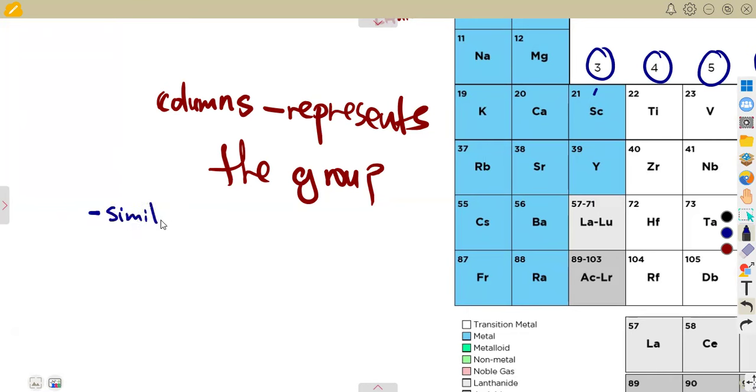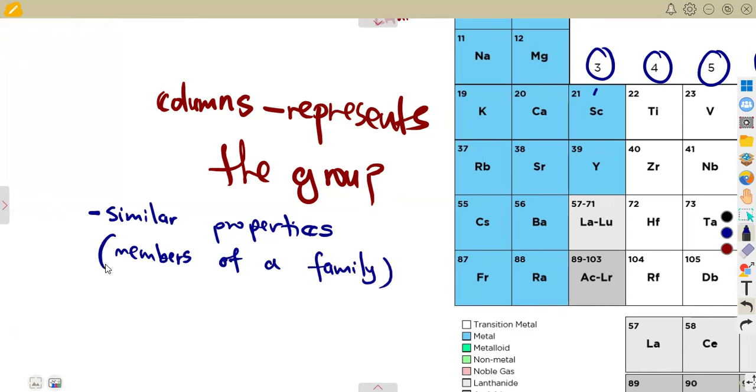That is, they are members of the same family.